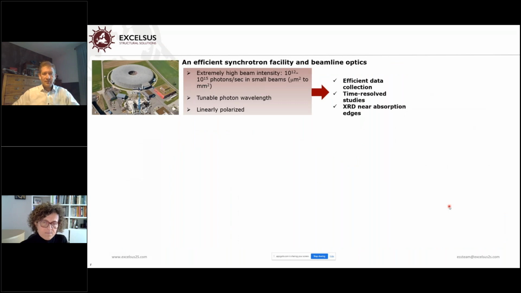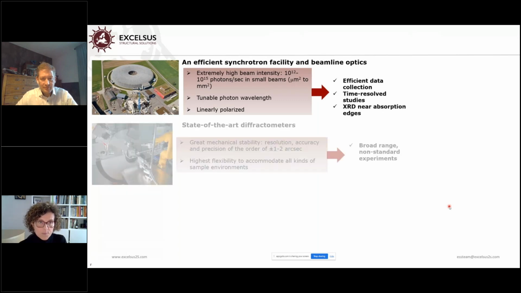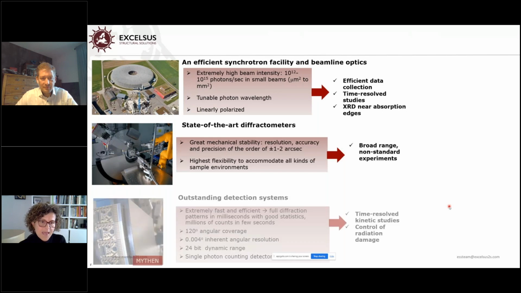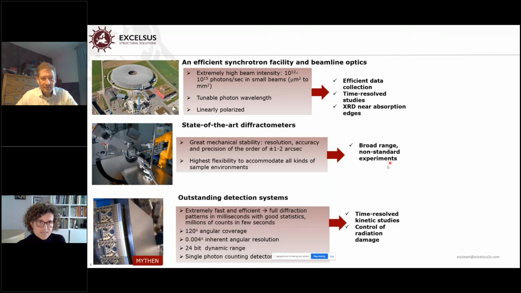What I very much like to summarize is that in order to do synchrotron X-ray powder diffraction efficiently, you essentially need three ingredients. You need an efficient synchrotron facility and beamline optics. Then you need a state-of-the-art diffractometer and outstanding detection systems.